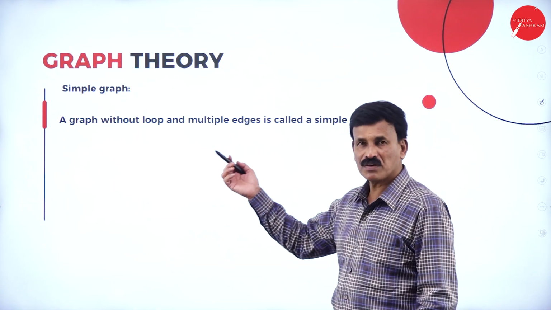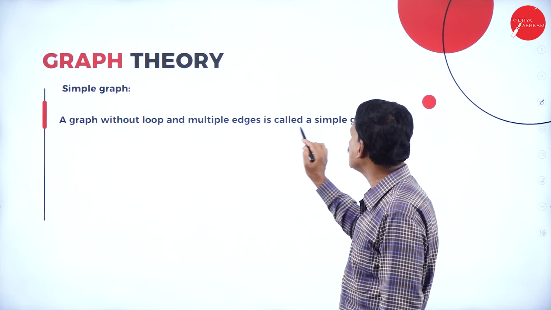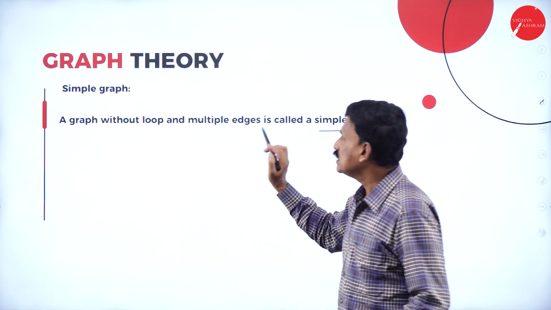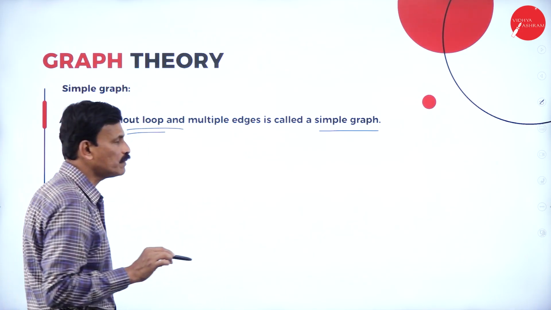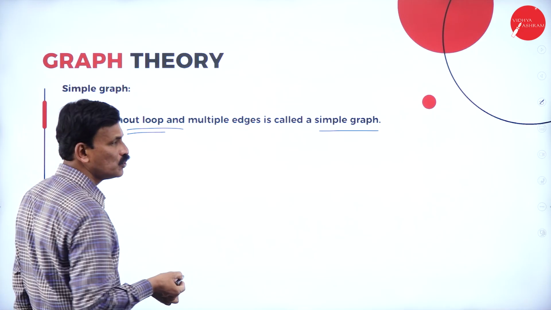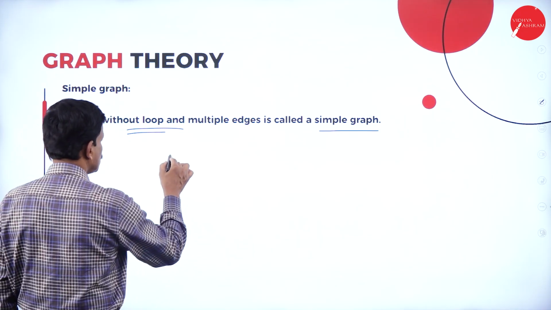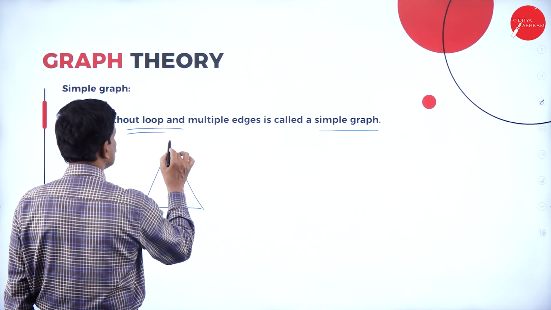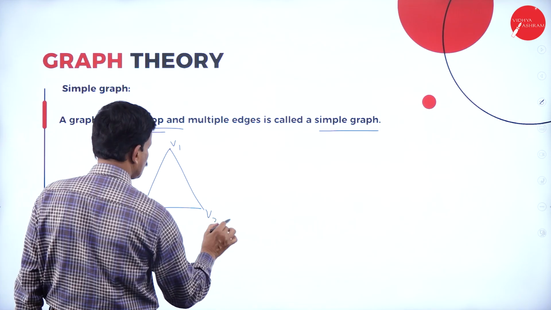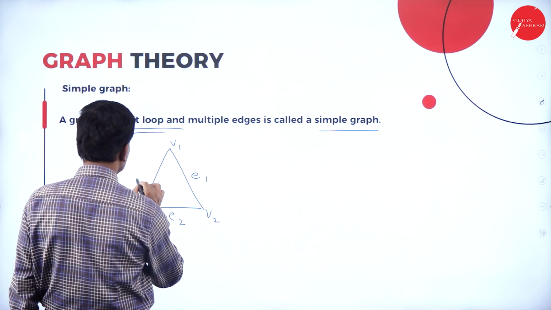Now, simple graph. The word itself indicates it's simple. A graph without any loop and multiple edges is called a simple graph. Let me write an example for a simple graph. Here the vertices are V1, V2 and V3, and the edges are E1, E2 and E3.